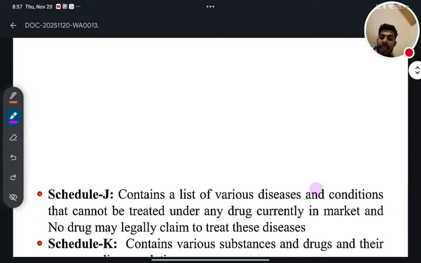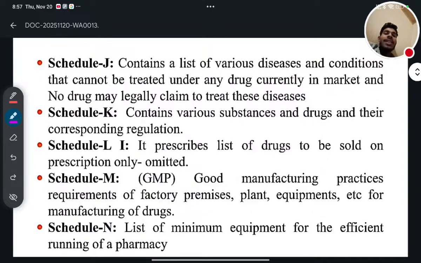Okay. Next, Schedule J contains a list of various diseases and conditions that cannot be treated under any drug currently in the market, and no drug may claim to treat those diseases.